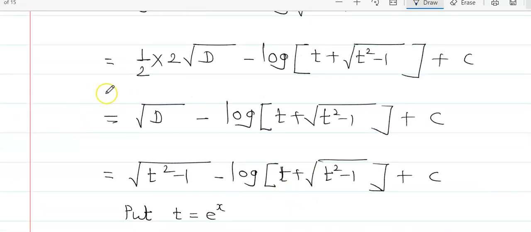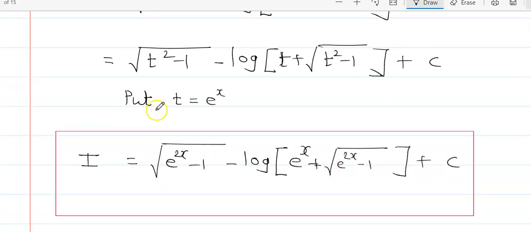Overall, you will get root of t square minus 1 minus log of t plus root of t square minus 1, plus c. Resubstitute the value of t, which is e raised to x. Therefore, I equals root of e raised to 2x minus 1, minus log of e raised to x plus root of e raised to 2x minus 1, plus c.